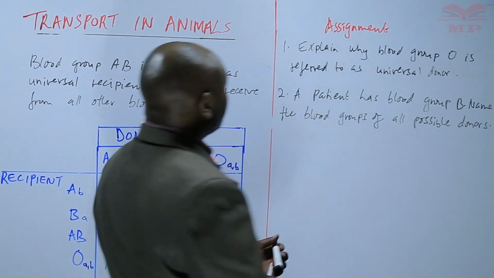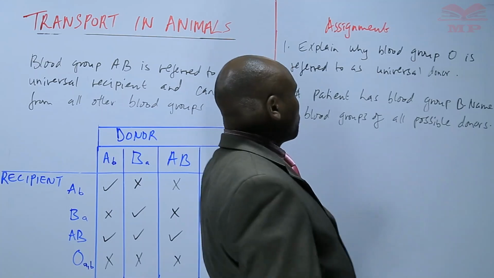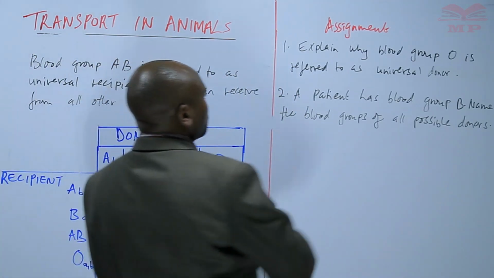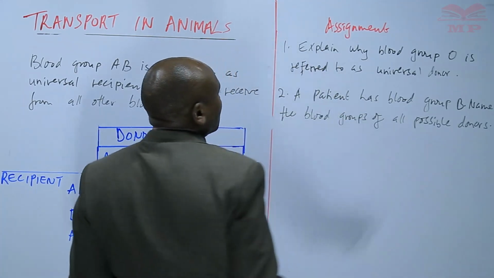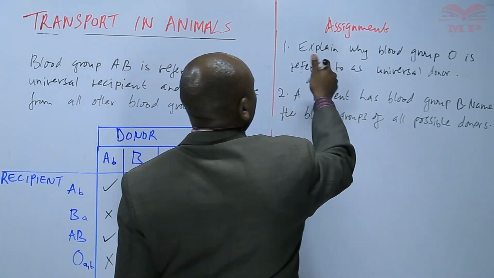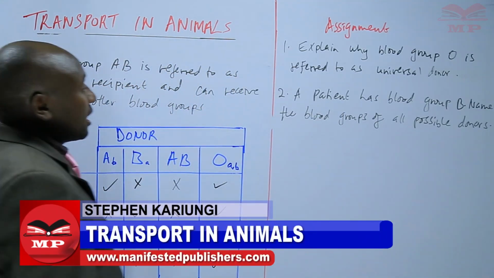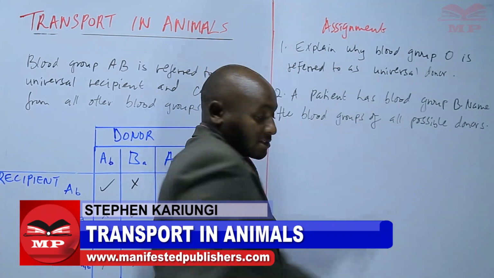So the first question in the assignment, explain why blood group O is referred to as universal donor. And then question number 2, a patient has blood group B. Name the blood groups of all possible donors.